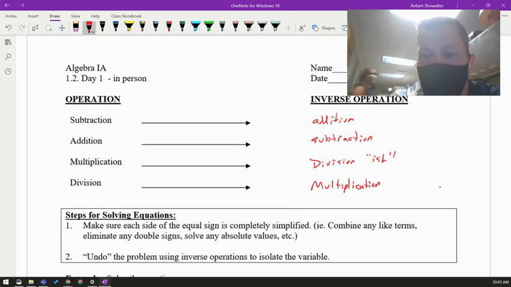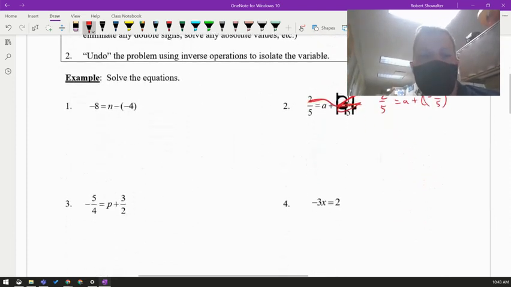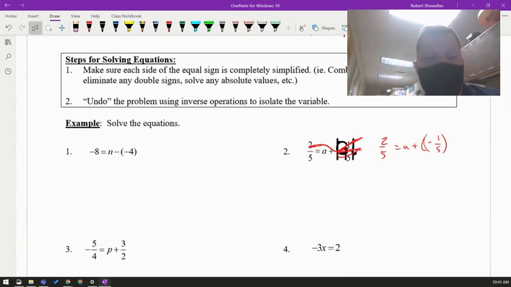I'm going to add an ish to that as well, because there's a whole divide by zero thing that gets everything all messed up. So it's mostly the opposite, but there's a little ish with that whole divide by zero that you can't do. Okay, so essentially what we wind up doing when we're solving equations is the inverse order of operations.